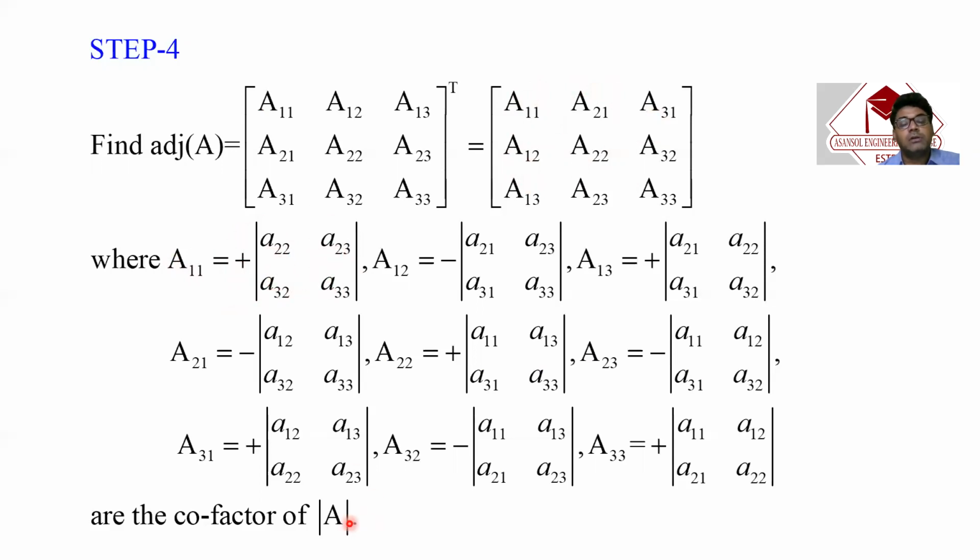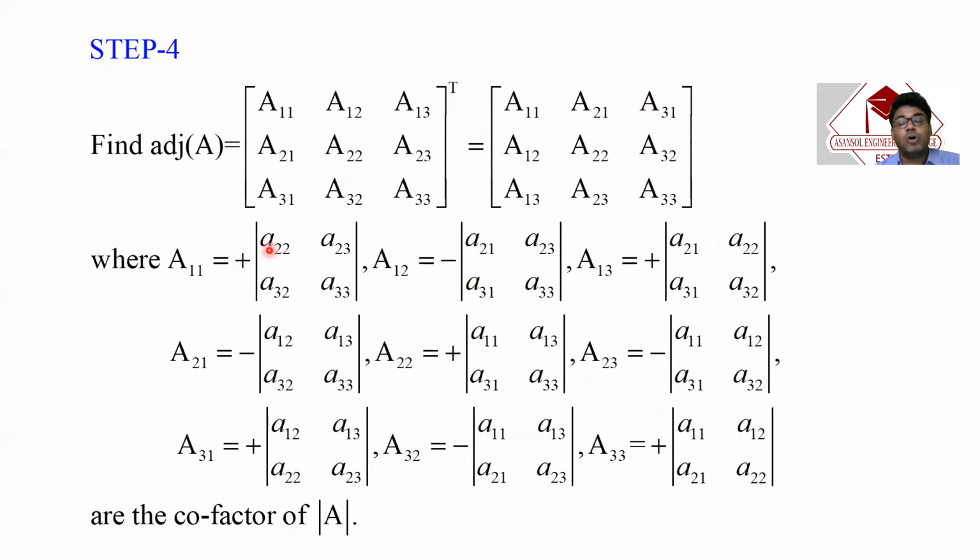From the given determinant, you can substitute the values of A22, A23, A32 and A33, and we can calculate the value of A11. Similarly A12, A13, A21, A22, A23, A31, A32, A33. After getting all these cofactors, just substitute here and then transpose it, and you will get the adjoint. Clear? So these are the formulas by which you can calculate all 9 cofactors of the determinant A.